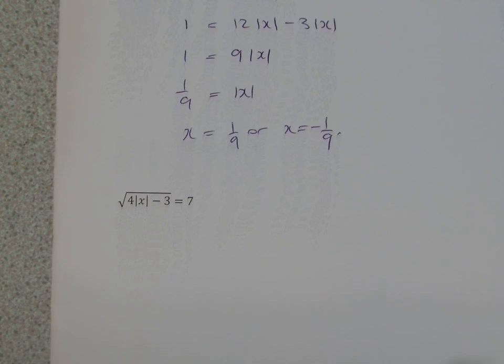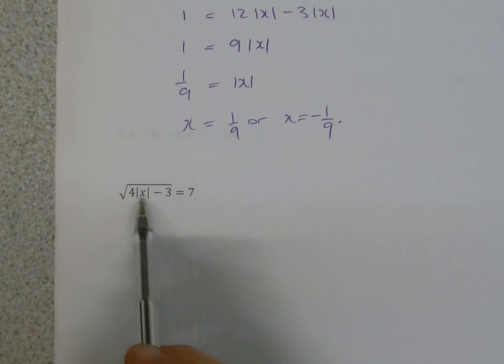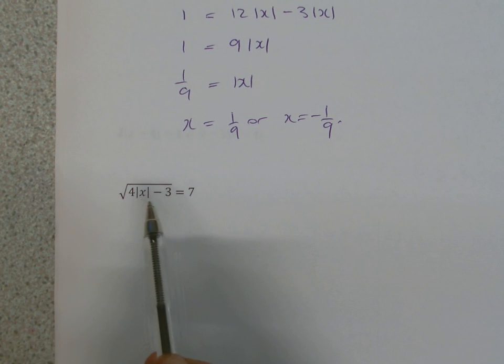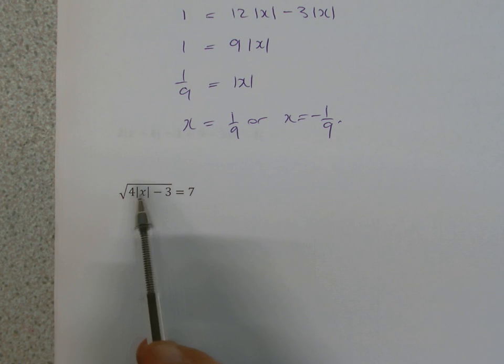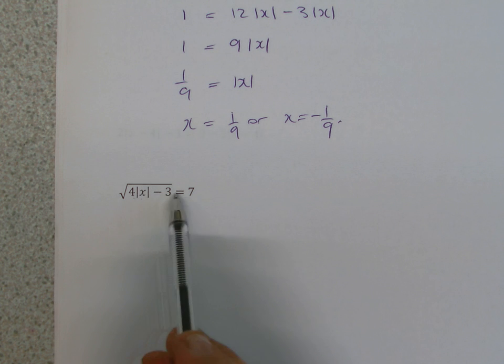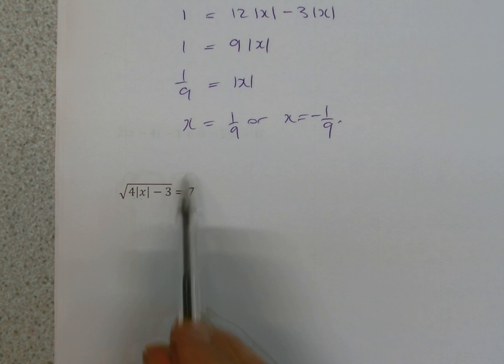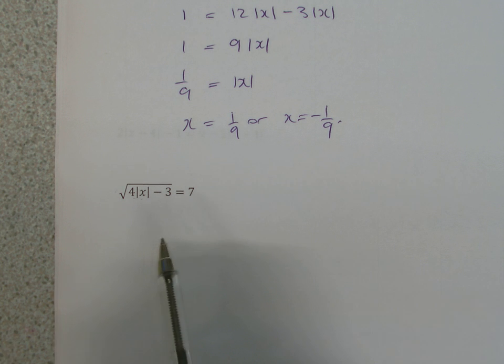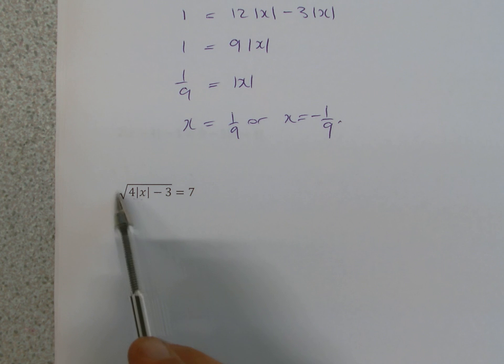Okay, with this question here, again we want to get mod x. We want to work out what x is, don't we? But we've got to get to it first, right? And it's sort of tucked inside this equation, 4 mod x minus 3. But also you've got a square root over the whole thing. So we need to get rid of everything so we end up with x on its own. First thing to get rid of is the one on the outside, the square root.